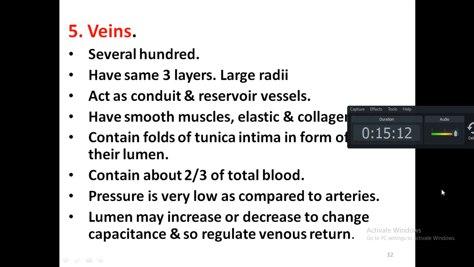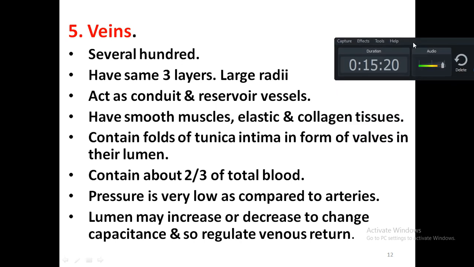That means they not only contain the blood in their lumen, but they also act as a reservoir of blood, because whenever we need more blood in our circulation, these veins will constrict and push that volume of blood into the circulation, towards the heart, and that will increase the venous return, which will increase the cardiac output. They have smooth muscles which are elastic, and they also contain collagen tissues.